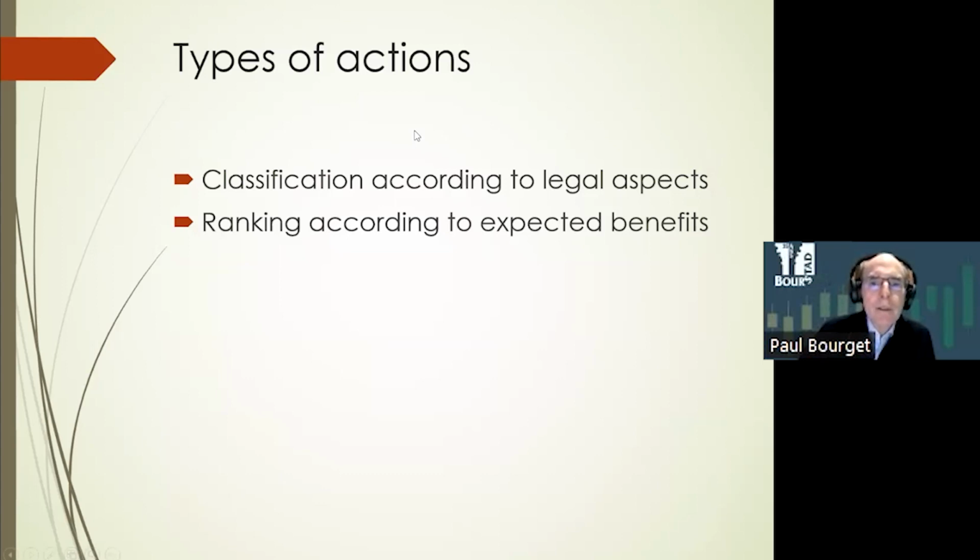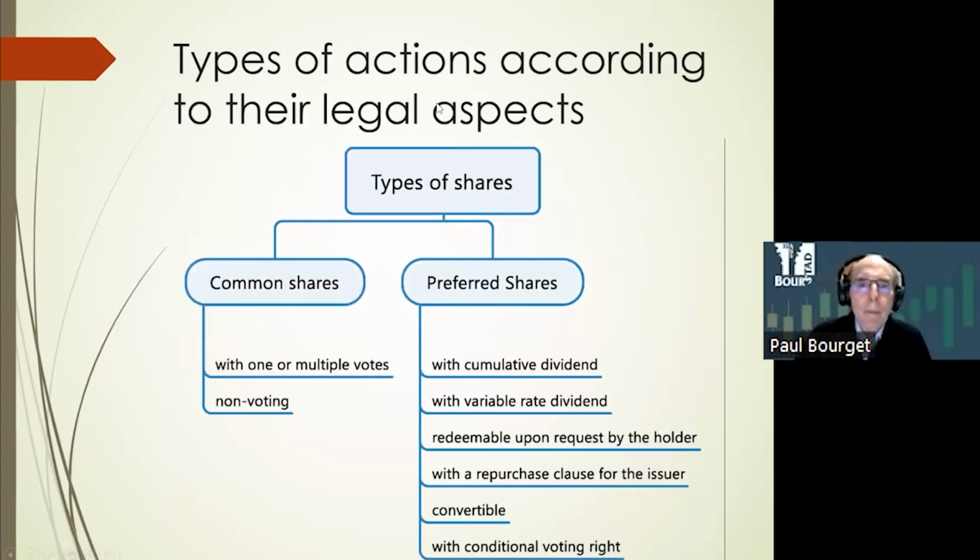Okay, let's look at what types of shares you can buy into. First, we'll look at the classification according to legal aspects, and then a more significant one, I believe, according to expected benefits.